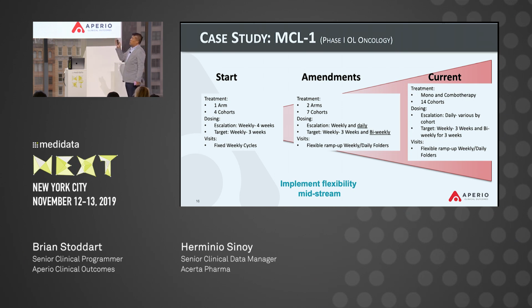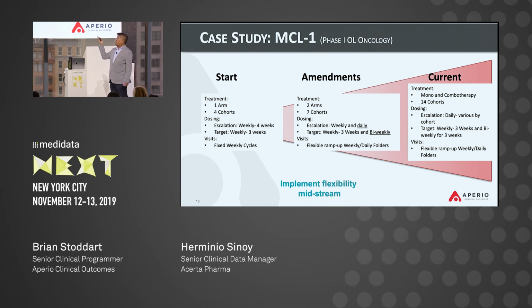Now, the dosing changed slightly because they were moving from weekly dose escalation to daily or accelerated dose escalation. And then the target dose was weekly, but then they introduced another cohort where they were comparing once weekly dosing to biweekly or dosing twice a week.